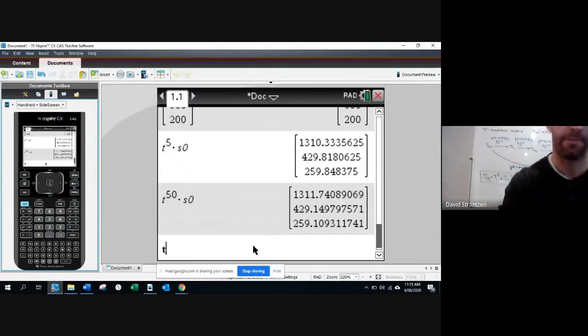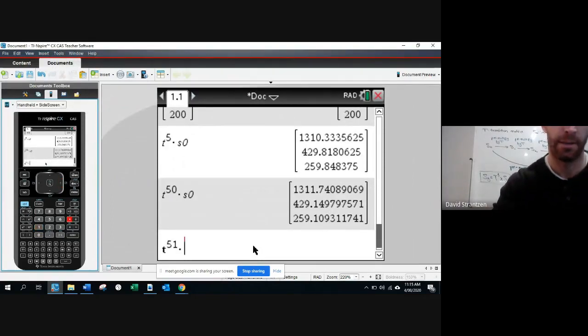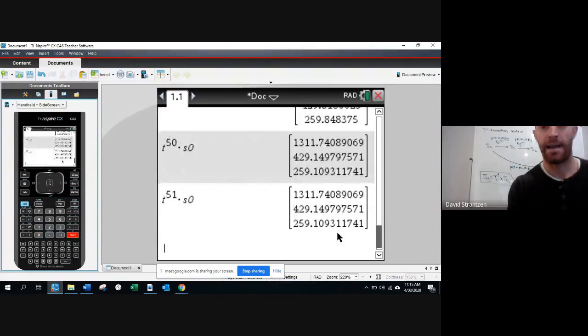And I'll do the same for T to the power of 51 times S0. And you can see that to at least all those decimal places, the numbers are identical, okay? So in the long term, we're going to expect 1,312 people to be happy, 429 people to be neither happy nor sad, and 259 people to be sad based on this transition matrix.